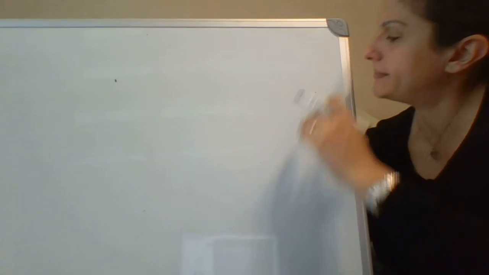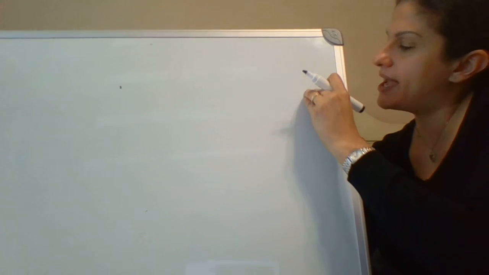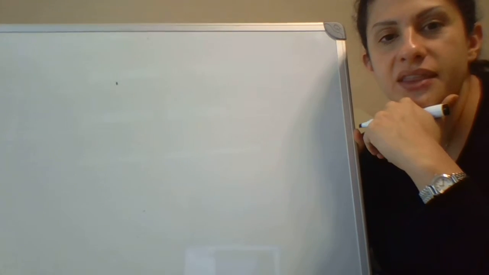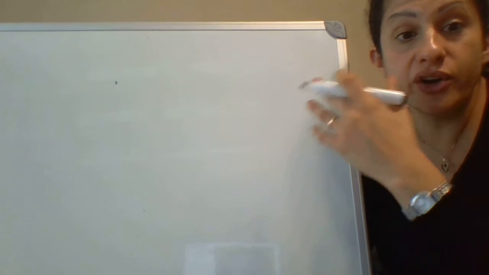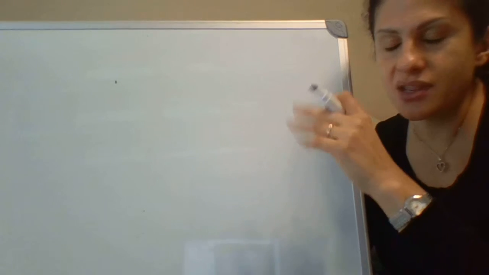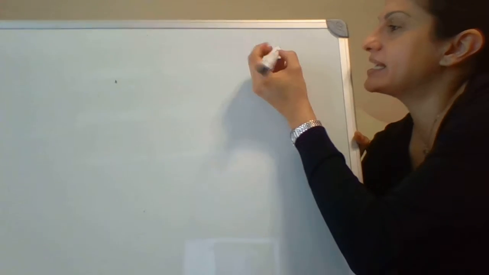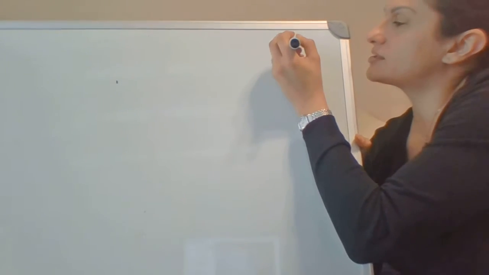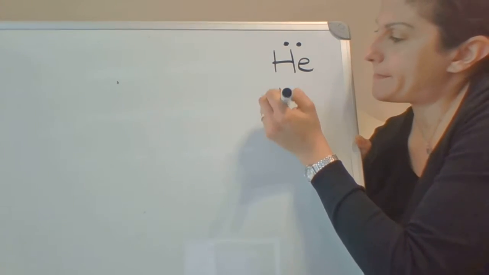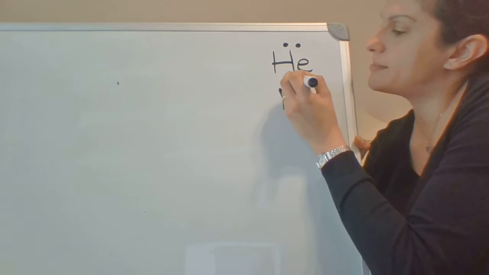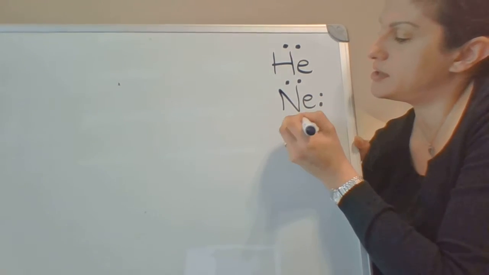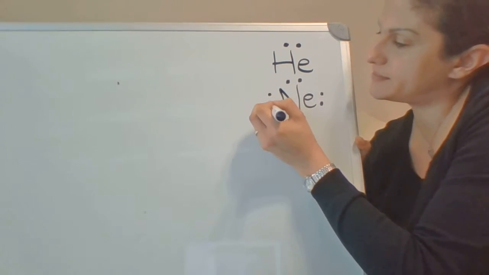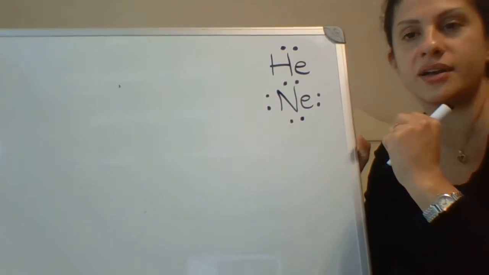Welcome back, everyone. In the previous video, I ended up talking about the noble gases or the inert gases. And I mentioned that all the inert gases, such as helium, neon, and argon, all have full shells. So helium has the 2, neon has the 8, and so on.